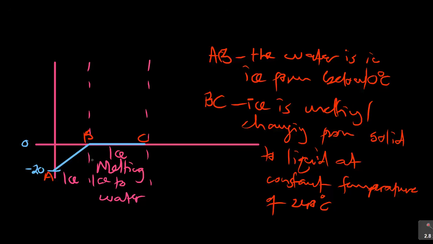Pardon my writing. You understand? So from A to B, you can actually even indicate that the temperature is increasing. That's what we're noting. And as the temperature is increasing, ice is changing from solid to liquid. The moment it starts changing to liquid, it is at a constant temperature until the end.